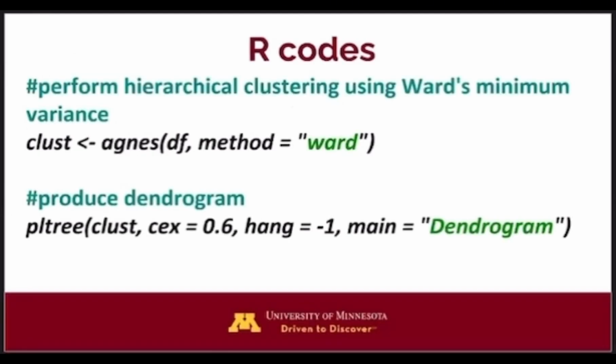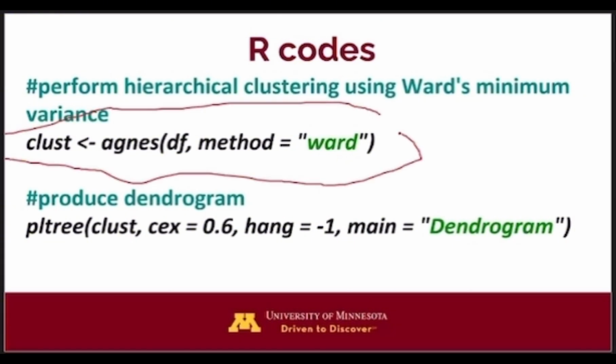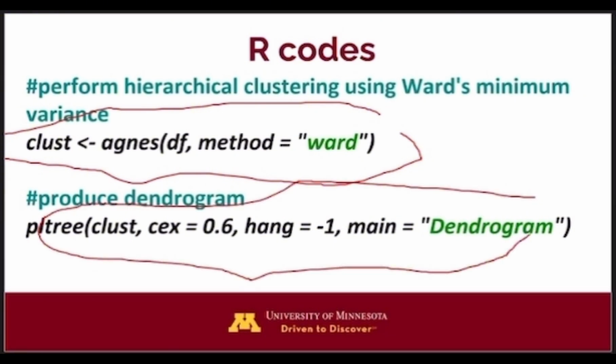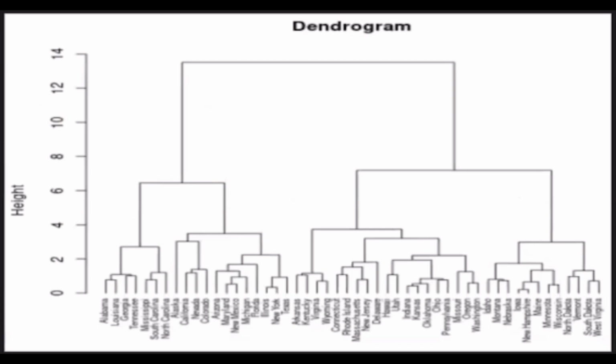Now you can see I'm still using the same data set, USArrests. I actually want to use the method Ward, the linkage, because I chose that from the criteria. And this is to draw my dendrogram. This is my dendrogram now.